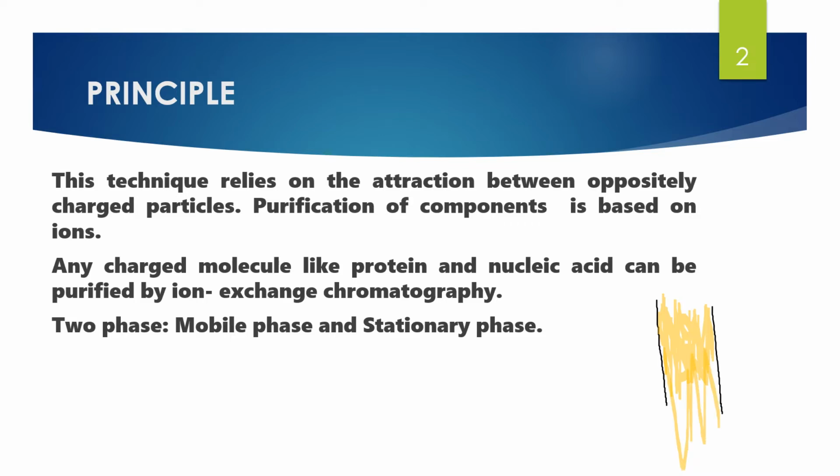This stationary phase is porous in nature, that is, it has beads through which the mobile phase will be eluted or pass. So this column contains stationary phase like resins.